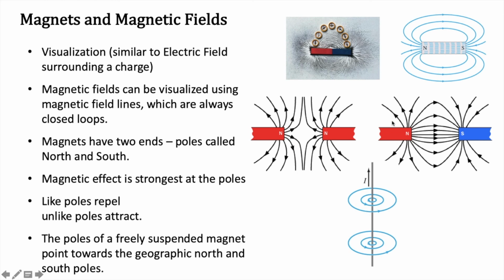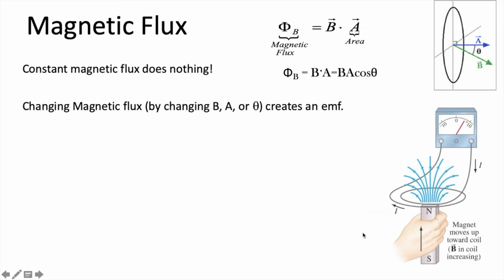So again, this is simply a conductor carrying current, so we don't need a magnet to have magnetic field. Any current carrying wire produces magnetic field around it. So we'll explore all these things as we go.